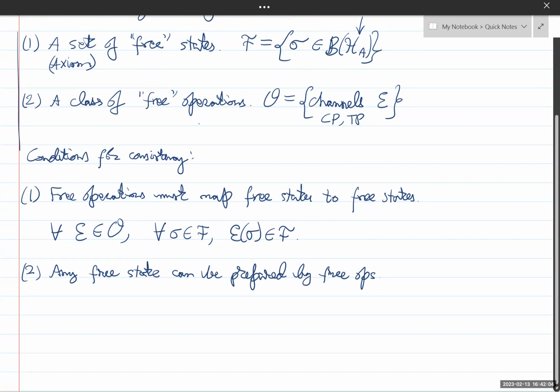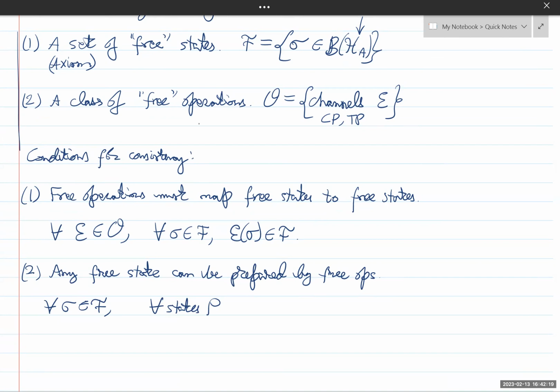In other words, for all sigma in F, and for all states rho, which may or may not be in F, there exists some E, some channel in the set of free operations, such that it maps this arbitrary state rho to this sigma.